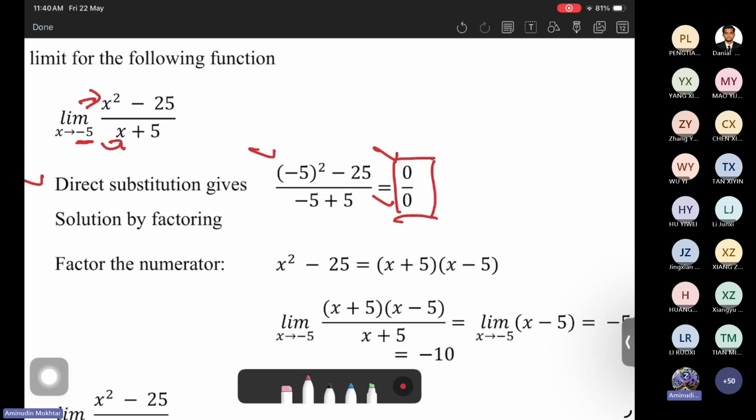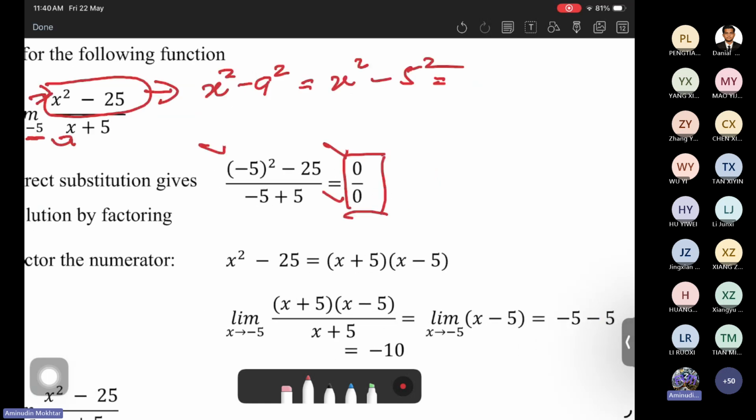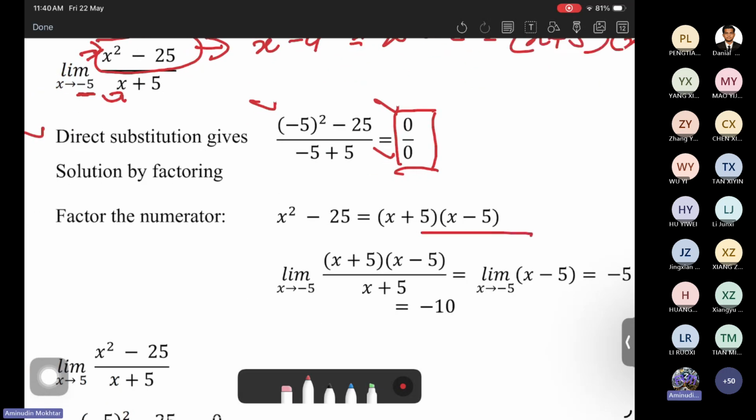Based on the numerator, we have this equation, written in the form x squared minus a squared. There is this x squared minus 5 squared. This can be factorized into x plus 5 times x minus 5, like this.